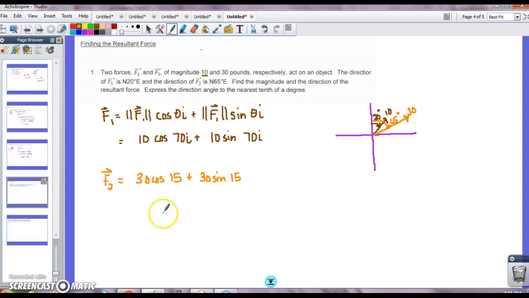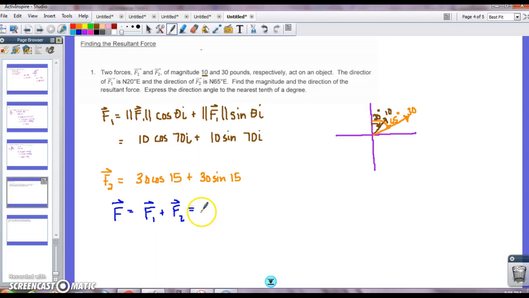I've already dealt with my angles and everything like that, so I'm just going to add them together. So when I add them, let me change color here. My resultant vector is going to be F1 plus F2.